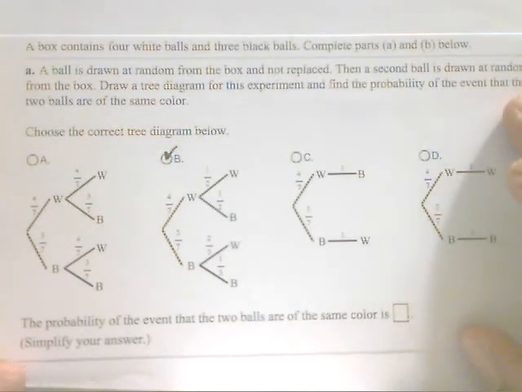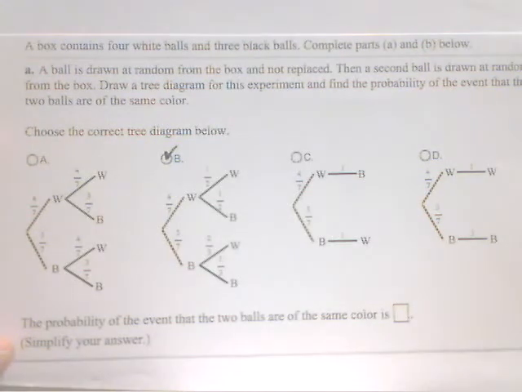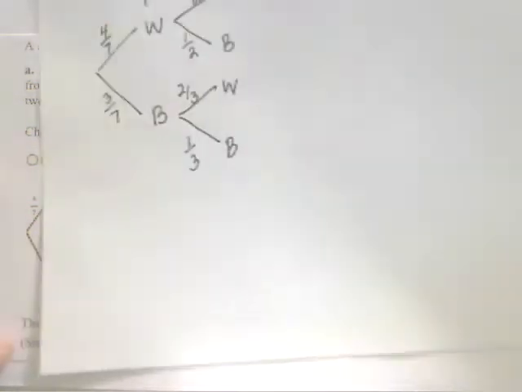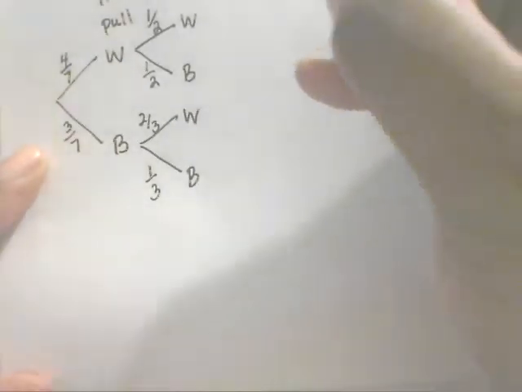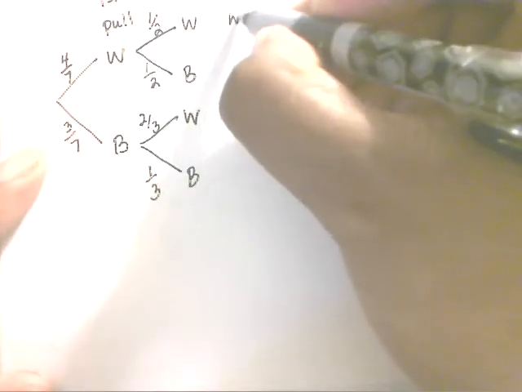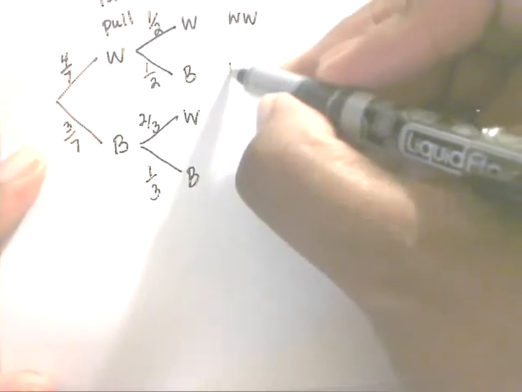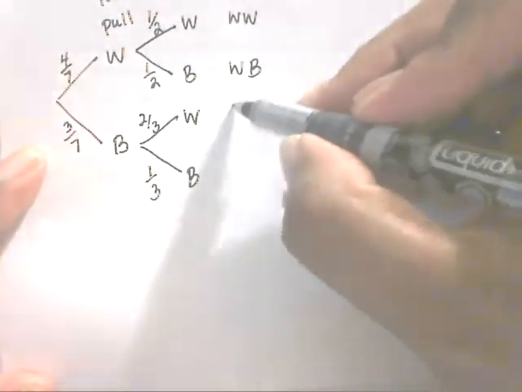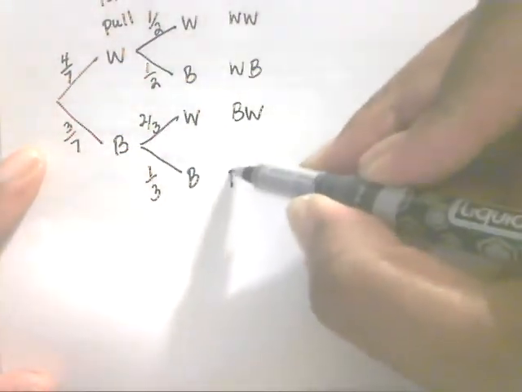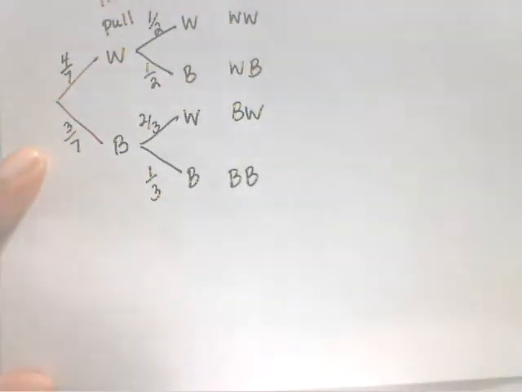Now to answer part B, the probability of the event that the 2 balls are of the same color. Now let's go back to this. So here, all the outcomes are white and white, white and black, black and white, and black and black.